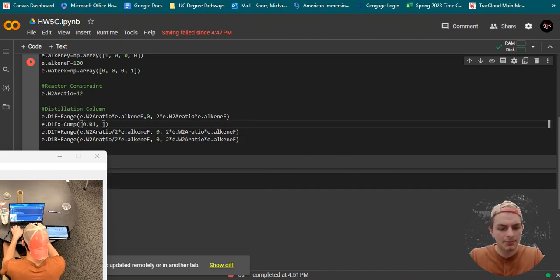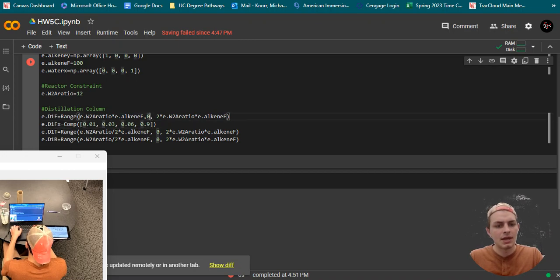So I'm just going to say 0.01 for the alkene, 0.03 for the ether, 0.06 for the alcohol, and 0.9 for the water. Remember, the water is going to be kind of the main component within this system.